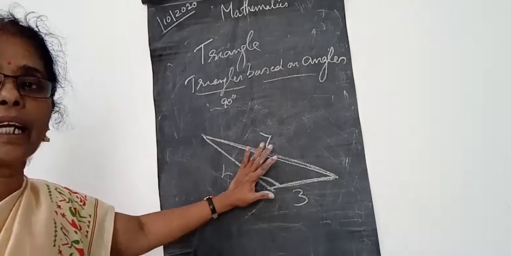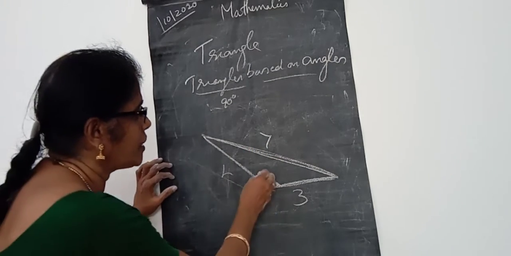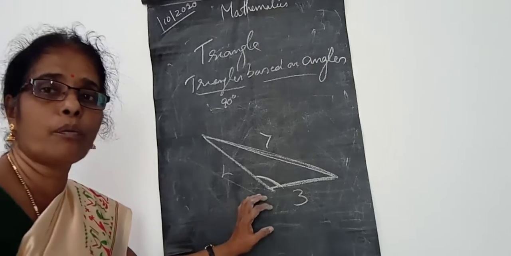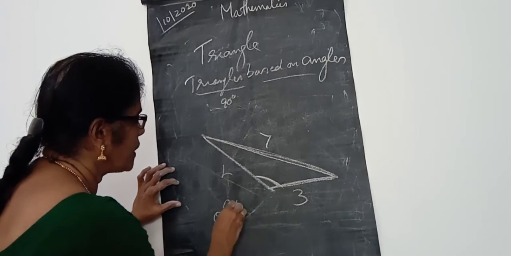What type of triangle is this one? According to the angle, this is an obtuse angle, isn't it? This one is more than 90 degrees, so this is an obtuse angled triangle.